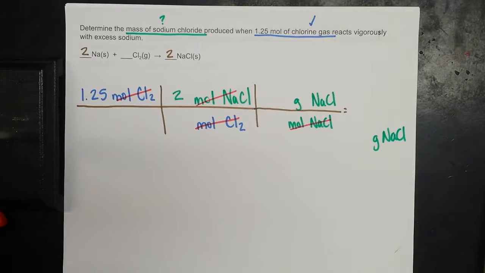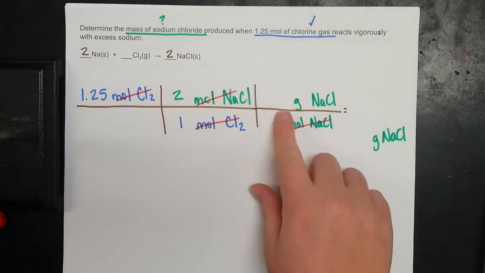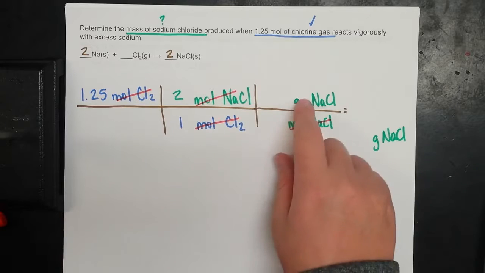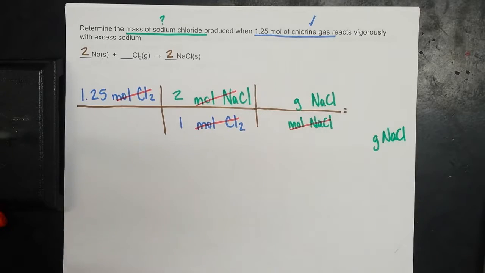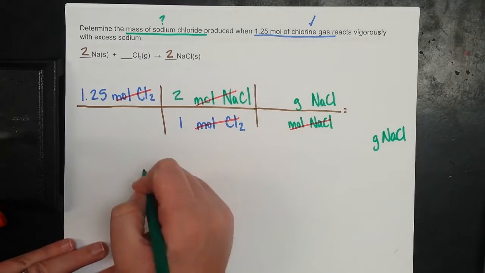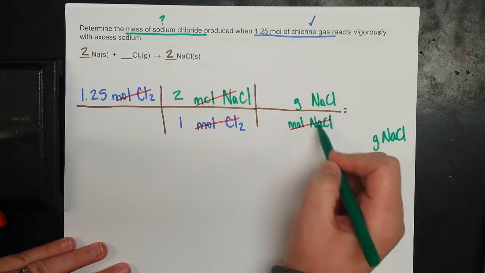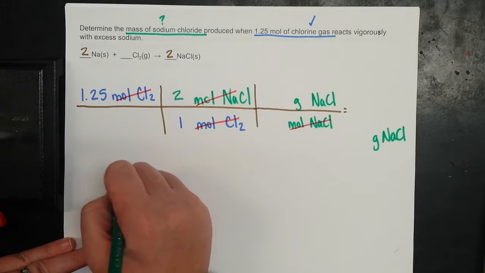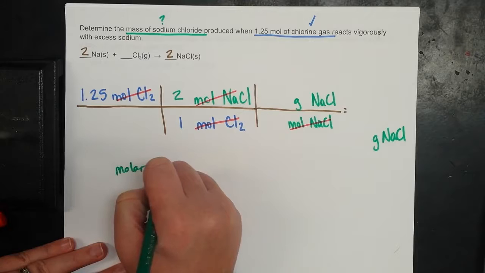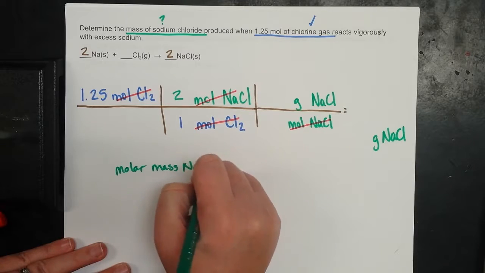So it's a 2-to-1 ratio. This conversion factor is complete. I need to now look over here. I've got moles and mass, and the only way to convert between moles and mass is the molar mass, and this is for sodium chloride. So I've got to calculate the molar mass of sodium chloride.